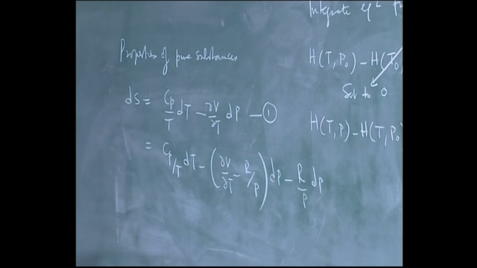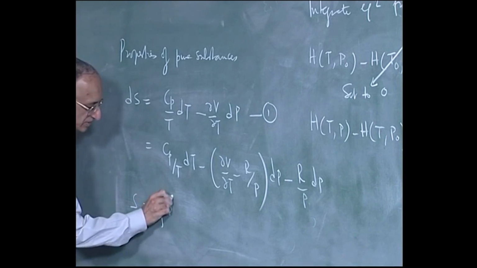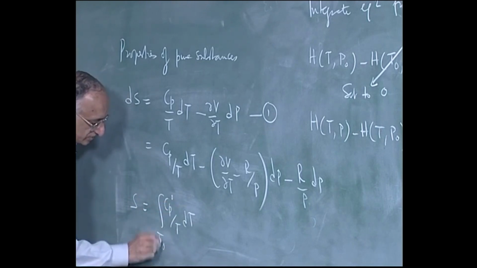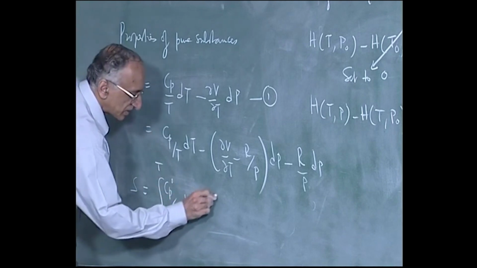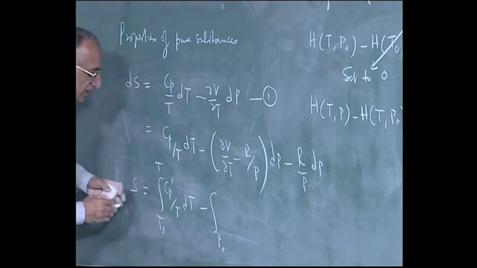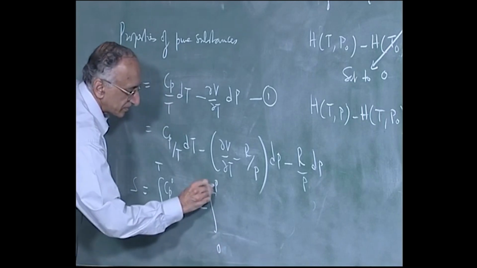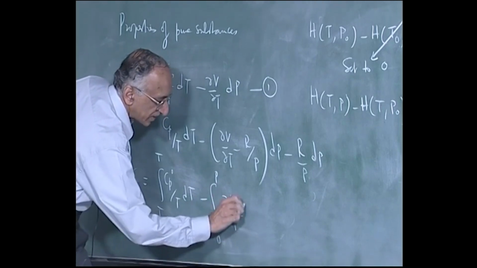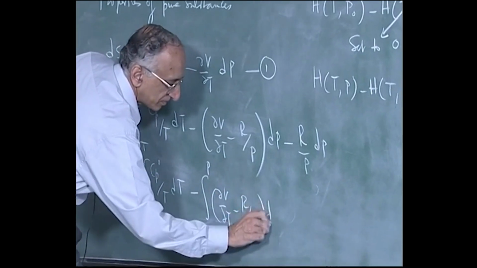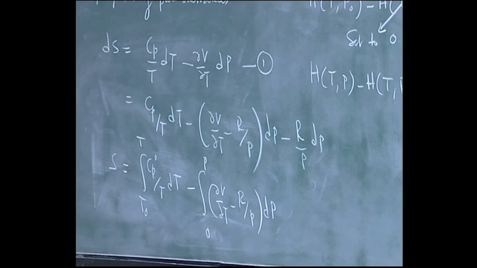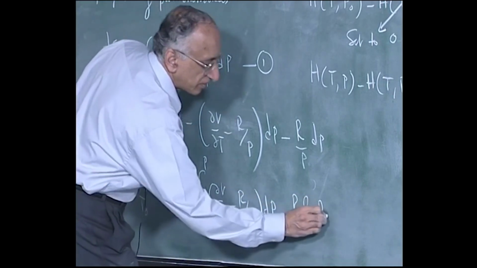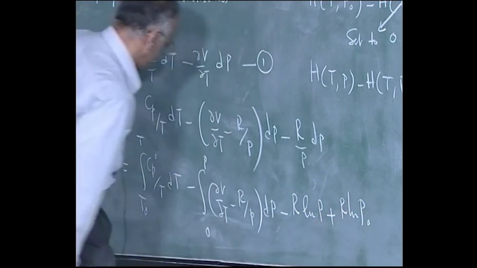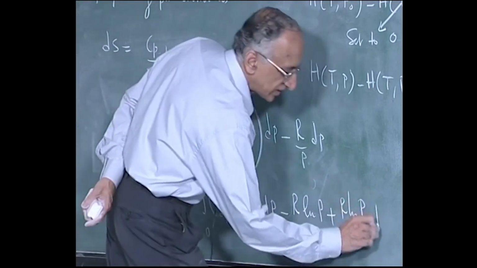Now we do the same thing as we did there, you will get the following result. S is equal to, when you integrate Cp by T you simply get Cp0 by T dT from T0 to T, and when you integrate this you will still get the same result, minus integral from P0 to P, actually P0 will be made 0 now, of dou V by dou T minus R by P dP, then you get this here which is minus R log P plus R log P0 plus S at T0 plus 0.